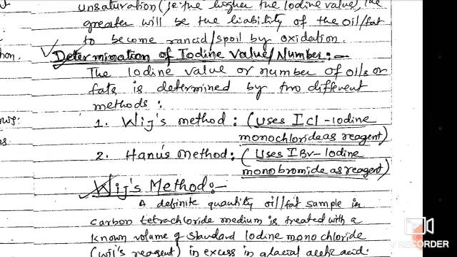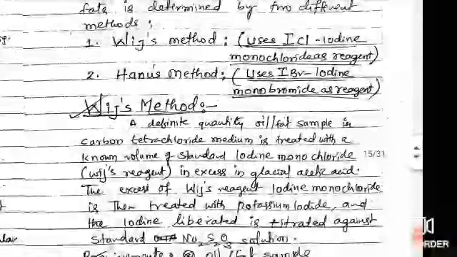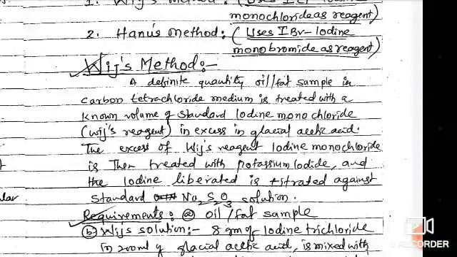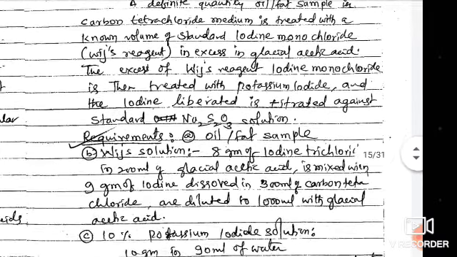In the first method, a definite quantity of oil or fat sample in carbon tetrachloride medium is treated with a known volume of standard iodine monochloride reagent in excess in glacial acetic acid. The excess iodine monochloride is then treated with potassium iodide, and the iodine liberated is titrated against a standard sodium thiosulfate solution.